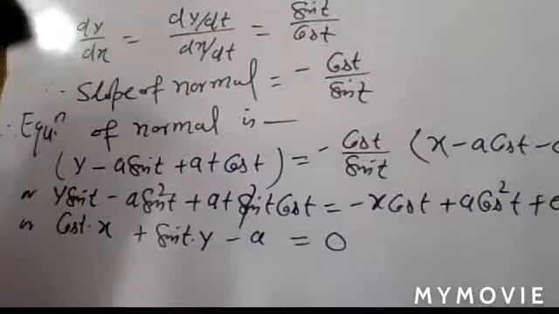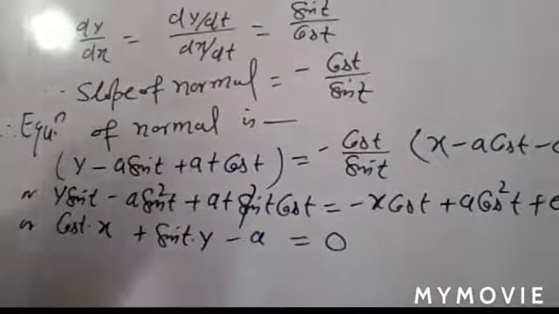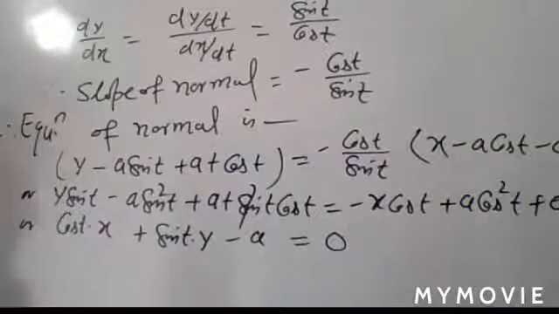Now here what you have to find: your question is to show that the distance of this normal from the origin is a. You know the distance of any line from the origin is equal to mod of c upon under root a square plus b square. Everyone knows this perpendicular distance formula.